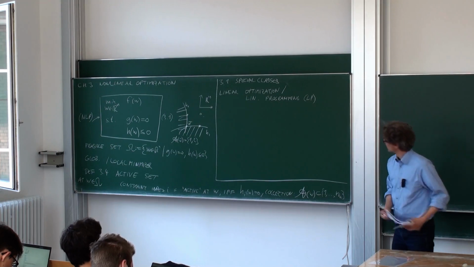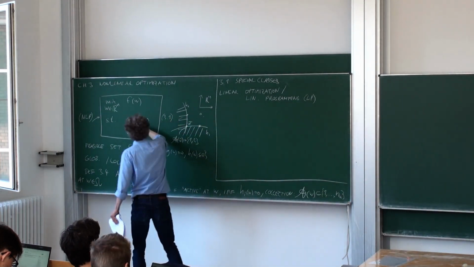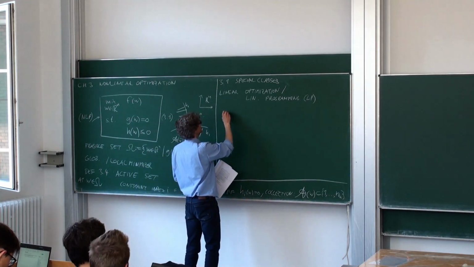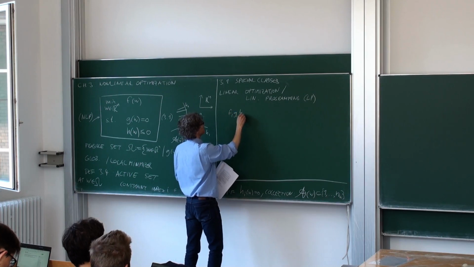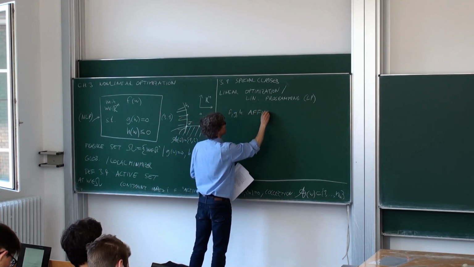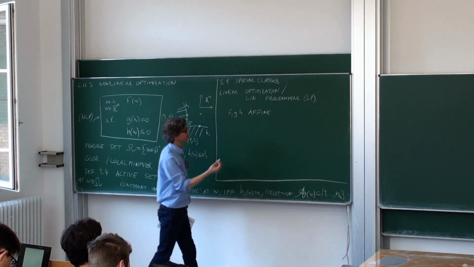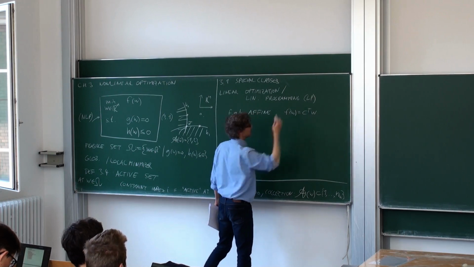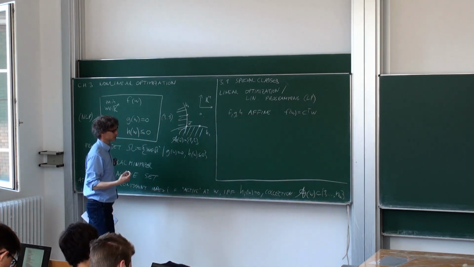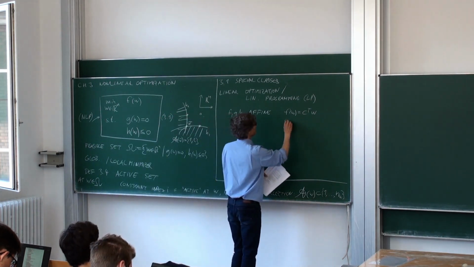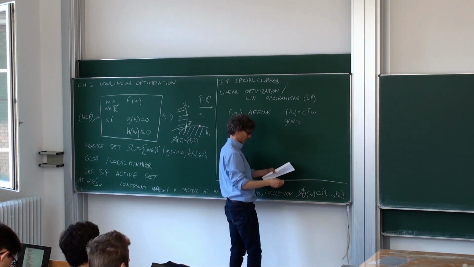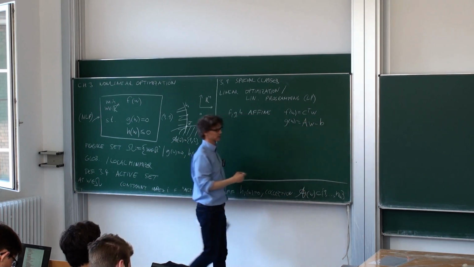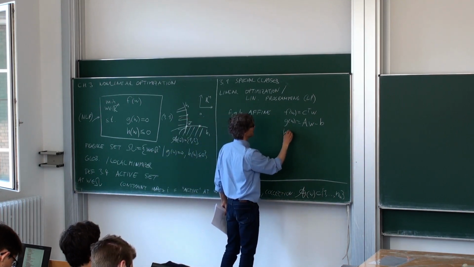But what is a linear optimization problem? It's just a problem where all these functions f, g, and h are affine, linear plus a constant term. So f, g, h affine. And of course, that means that for the objective f of w, you could just choose the linear part, because the constant will not change the solution, so you usually omit the constant. And for g of w you will choose, for example, A w minus b, A being a matrix of suitable dimensions, and then the same for h.